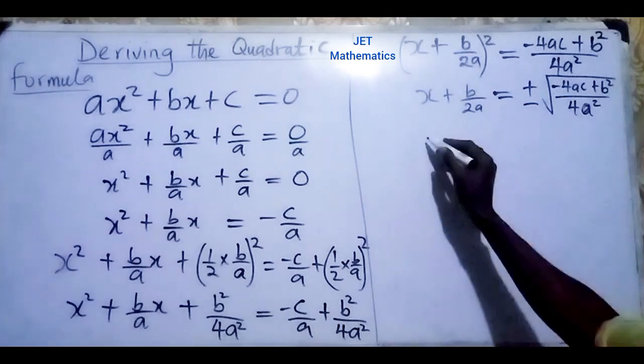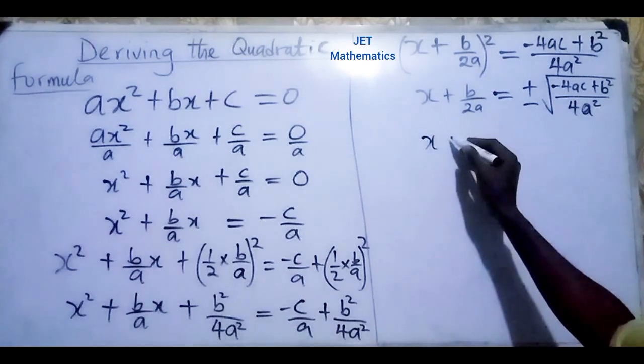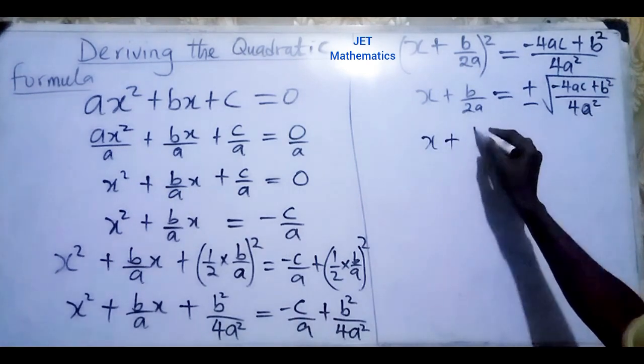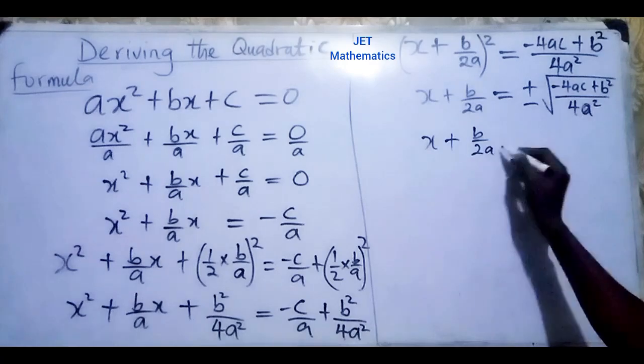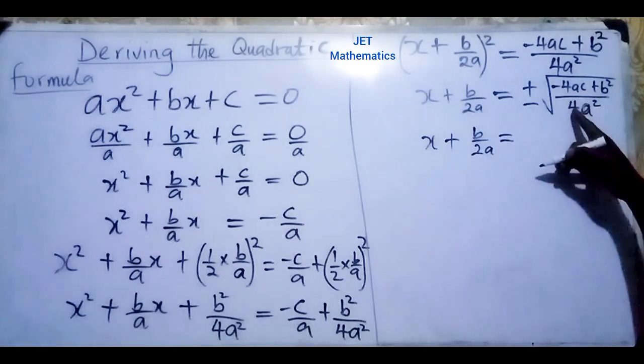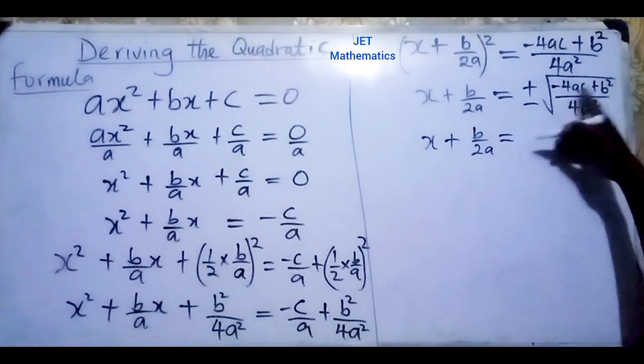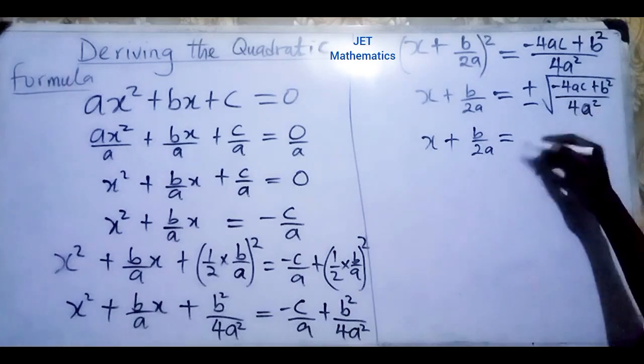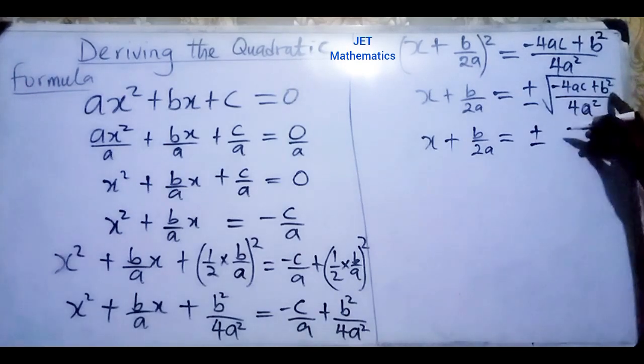Now the next thing we need to do is simplify. This gives me x plus b over 2a equal to plus or minus.